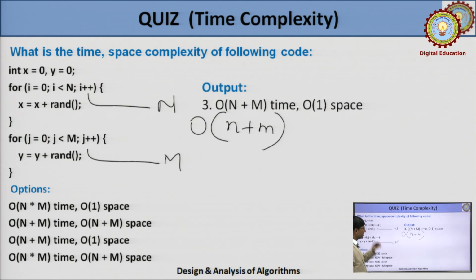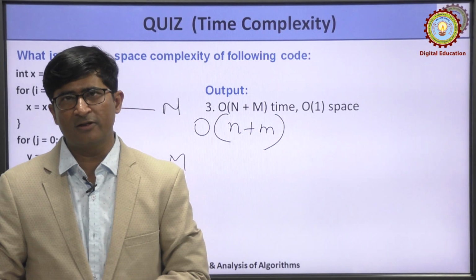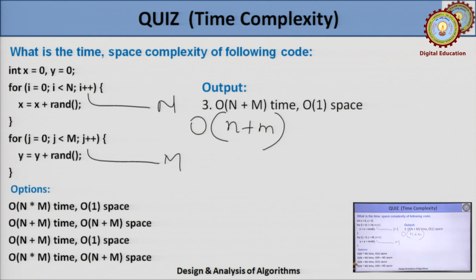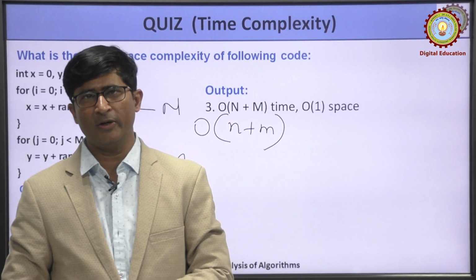So in both the cases, the space complexity would remain constant, and therefore answer C or answer 3 would be the appropriate answer: order of n plus m for time, and the space complexity would be order of 1.